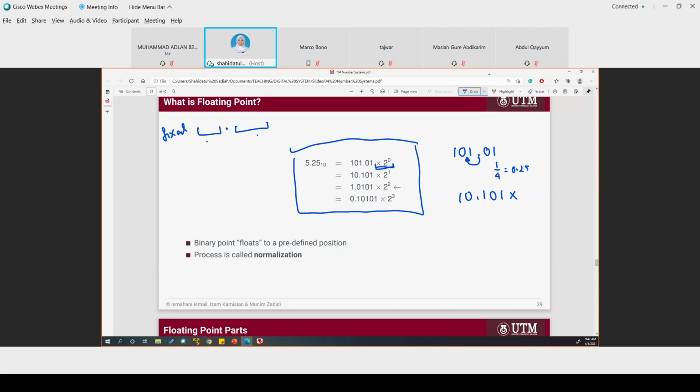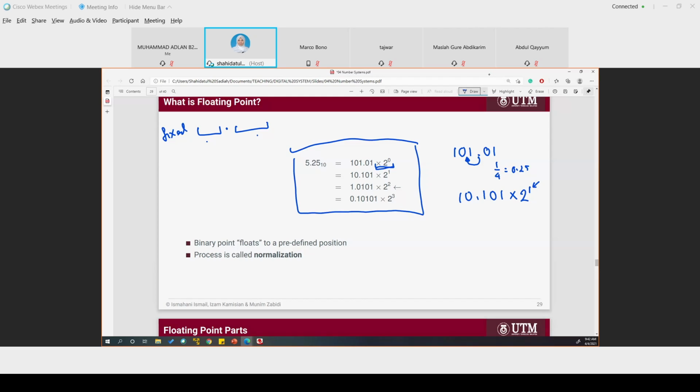When we shift the point 1 bit to the left, we can write it as 10.101 times 2 to the power of 1. So this is how many bits we move. To the left is positive. To the right is negative.